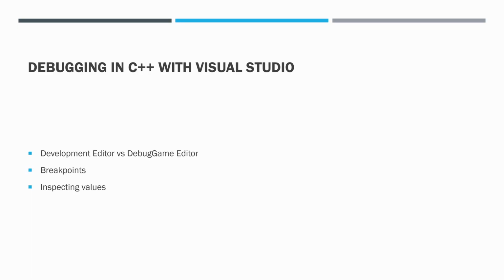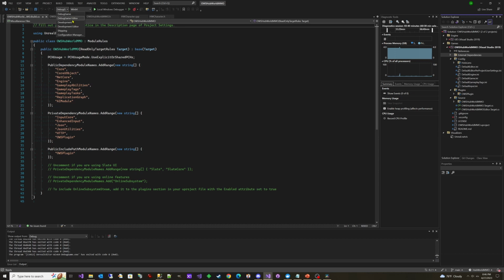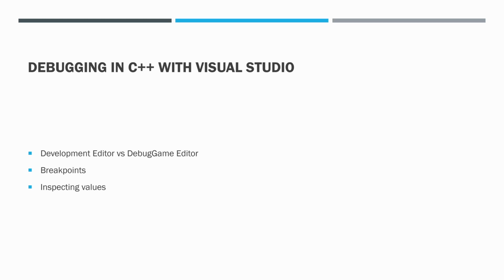Now let's take a look at how to debug in C++ with Visual Studio. The first thing we need to make sure is that when we want to debug, we are using Debug Game Editor and not Development Editor. Let me tell you why this is important. When you use Development Editor, C++ is running various optimizations that modify your code to the point of removing your code from the system.